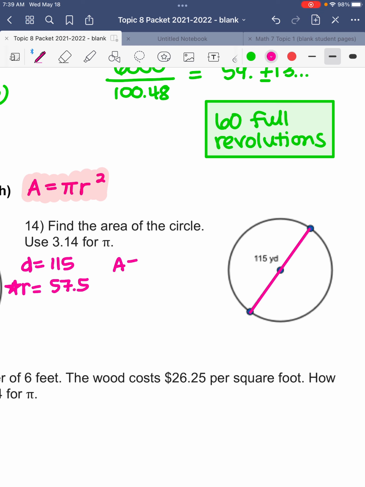So area is pi times the radius squared. So we have 3.14 times 57.5, and I have to square that. So now let's go put that into our calculator to find out what we get.